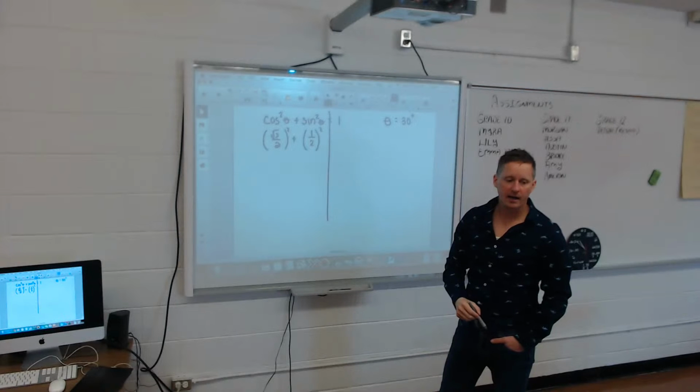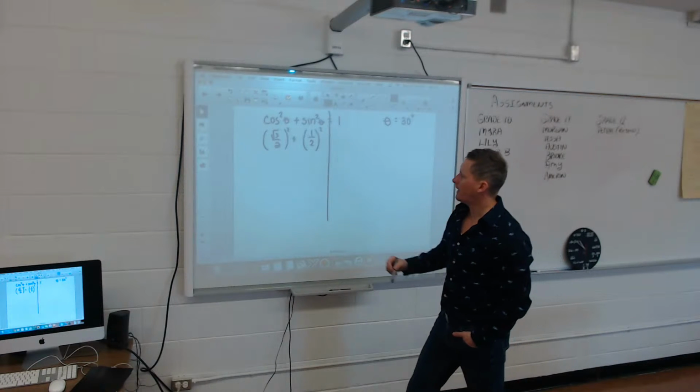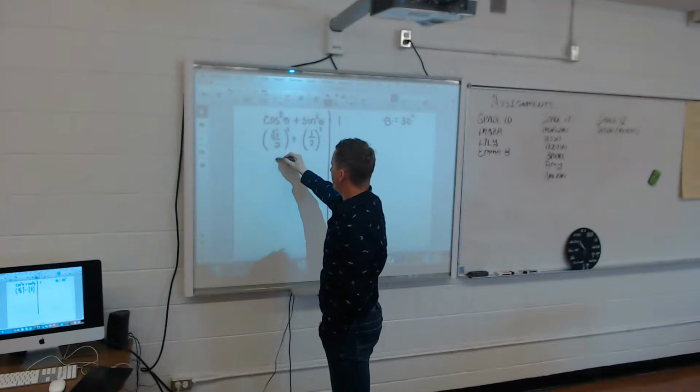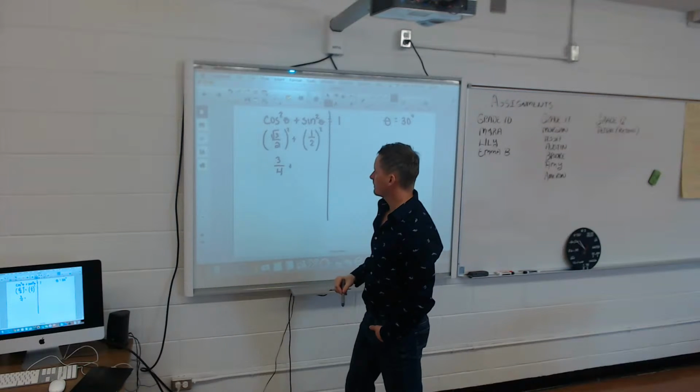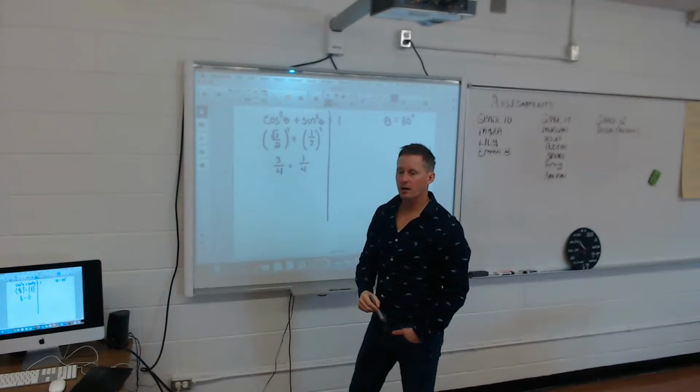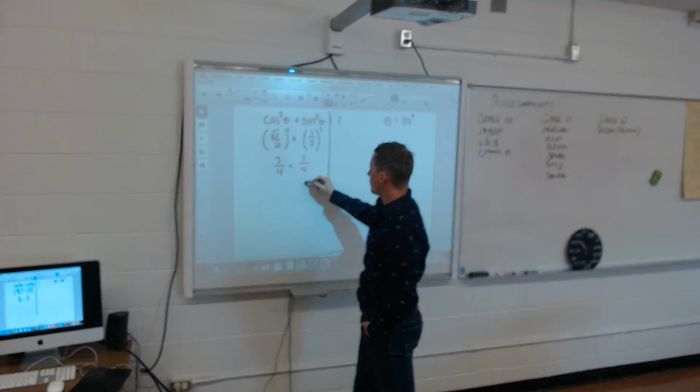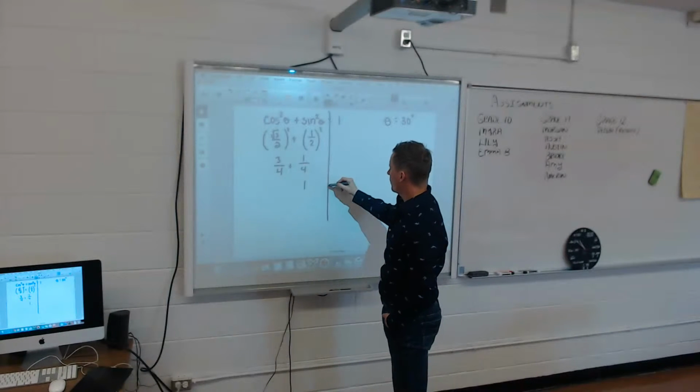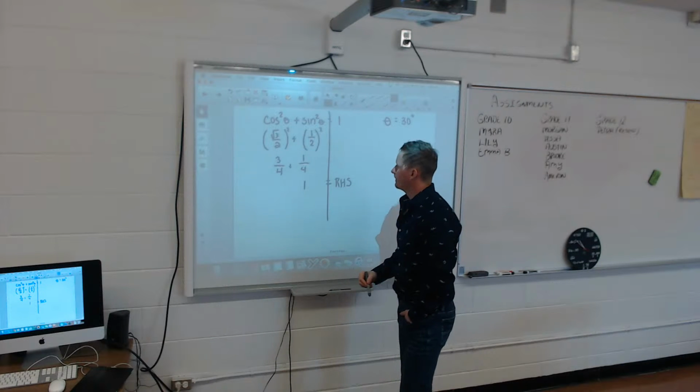So let's keep working on it. We're going to simplify the left side. So this squared gives me 3 over 4 plus 1 over 4. So 3/4 plus 1/4 is equal to 1. 1 is equal to my right-hand side.